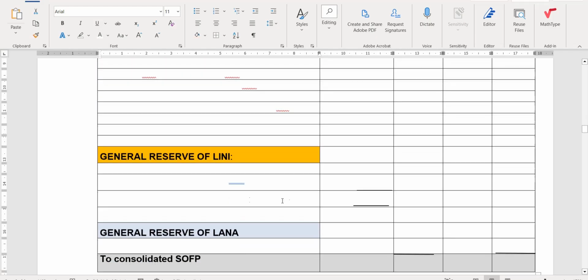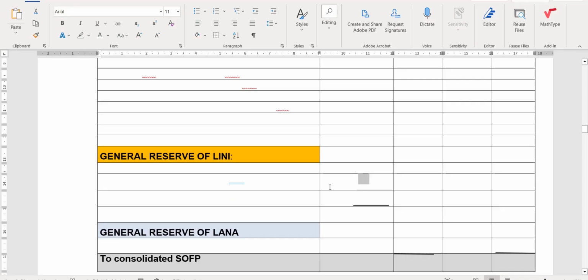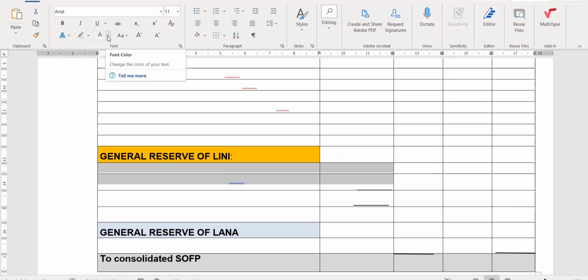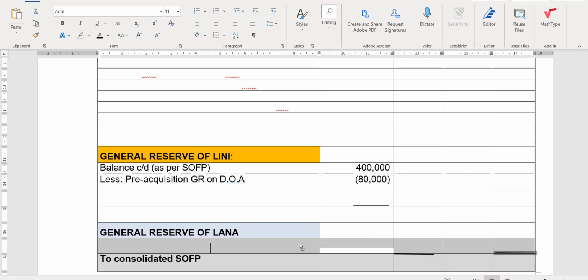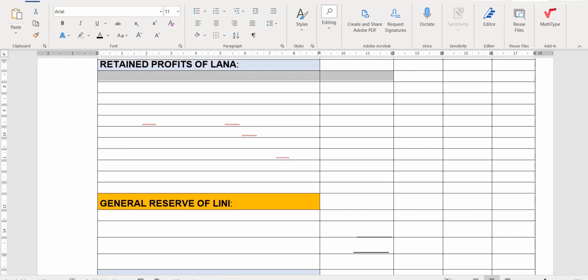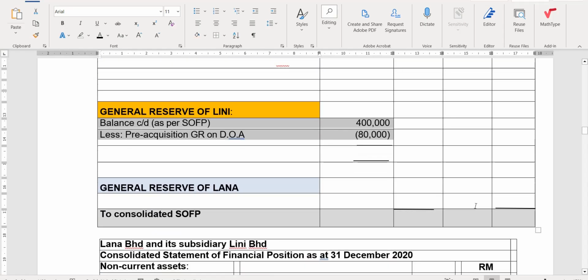You can also do that for the general reserve section of Lini, which is the easier part. Repeat the same as you did for your retained profit, for Lini and also for Lana. You can do the simple thing first.